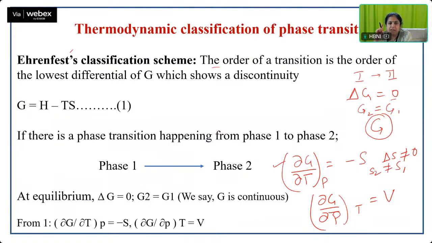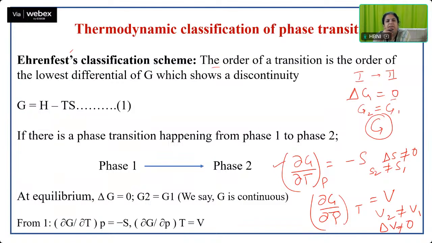That is, at phase transition temperature, the entropy of the second phase and the entropy of the first phase are not equal. Free energy will definitely be continuous, so delta G has to be 0. Similarly, V2 is not equal to V1 and delta V is not equal to 0.